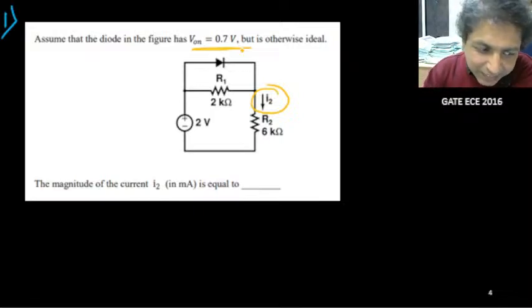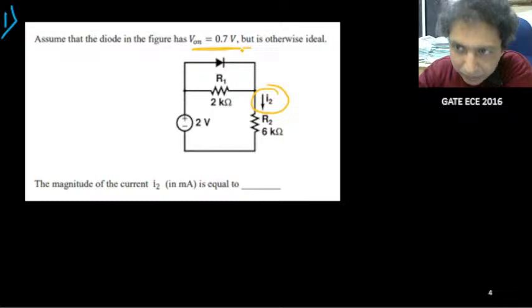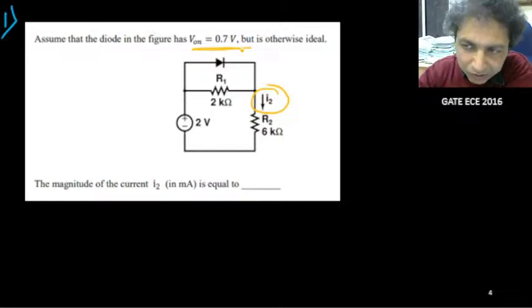Now, what is the strategy to solve this kind of problem? First, you can assume that this diode is on, then solve the problem. And later on, you will find out the diode current.